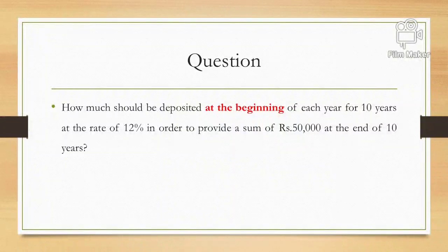We can also take examples from real life, like if we are deciding to buy a car, or purchase a new house after 5 or 10 years, how much should we save from our business or from our salary at the beginning of the month, so that after the desired time period we can have the required amount. So this is just a question. Let us solve it and find out how much we can save at the beginning of the year.